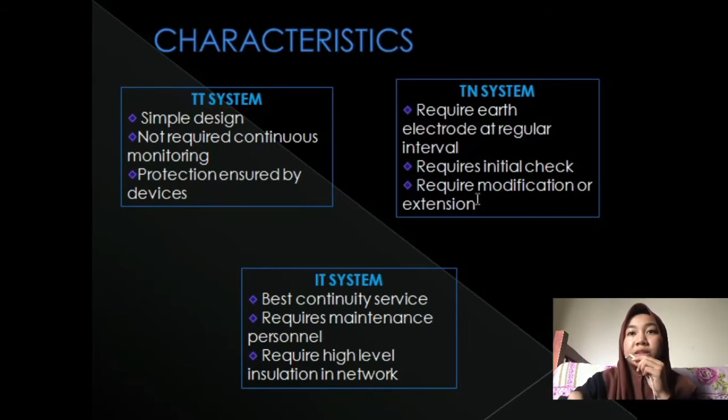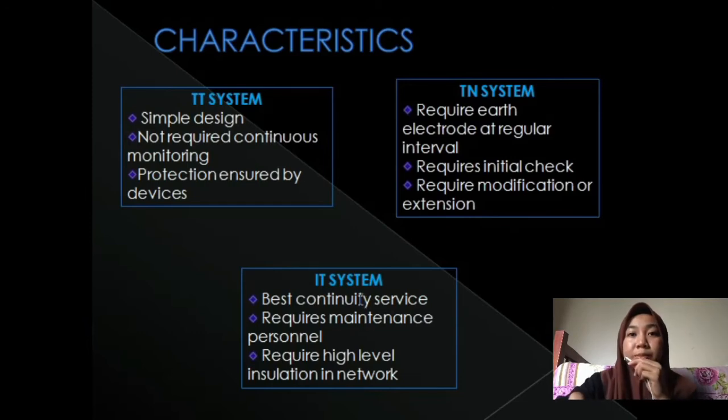And for the TN system, it requires installation of an earth electrode at regular intervals throughout the installation, and it also requires an initial check on effective tripping for the first installation. Next, it requires that any modification or extension be designed and carried out by a qualified electrician.